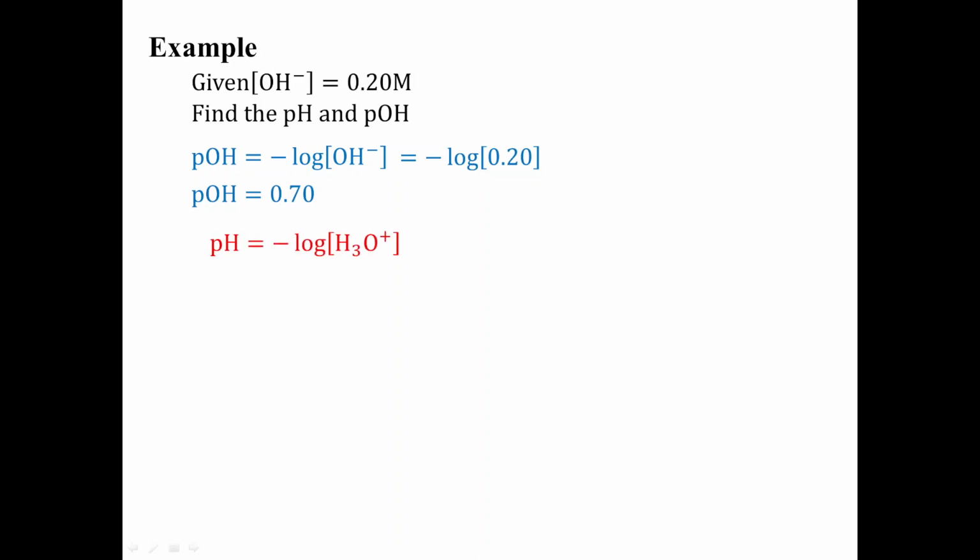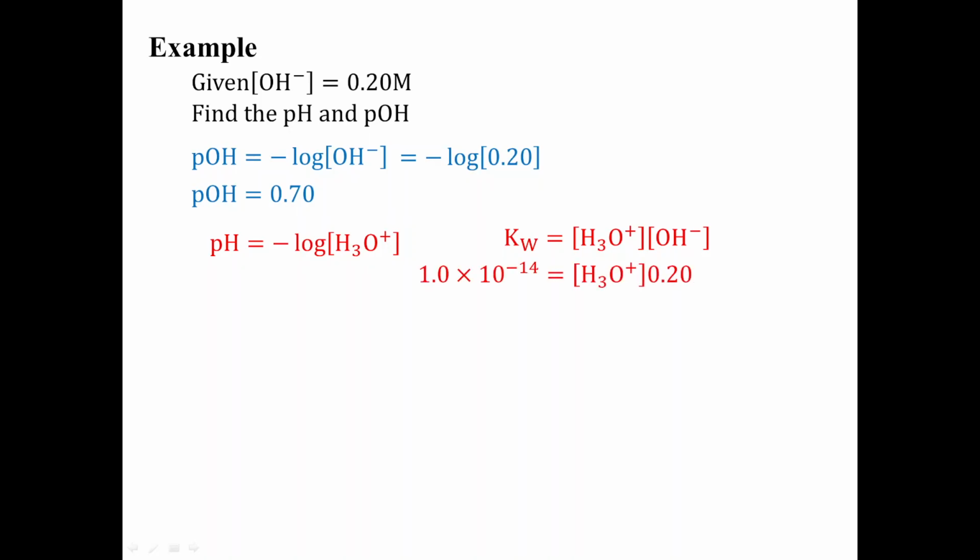Now for pH, it's going to be a little bit harder because now we have to figure out the concentration of H3O+. So it's going to be the negative log of our concentration of H3O+. And to find that, we can plug it into our equilibrium constant for water, where Kw is equal to our concentration of H3O+ times our concentration of OH-.